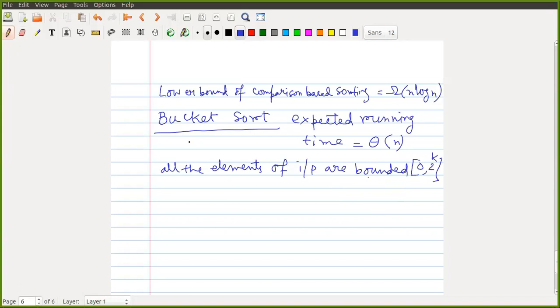Suppose the total number of inputs is n, and for simplicity we assume n is some power of 2. Based on this, we can guess that k is greater than or equal to n.